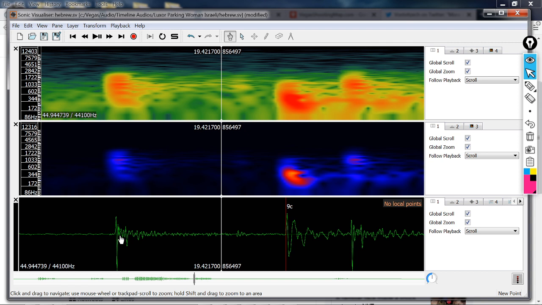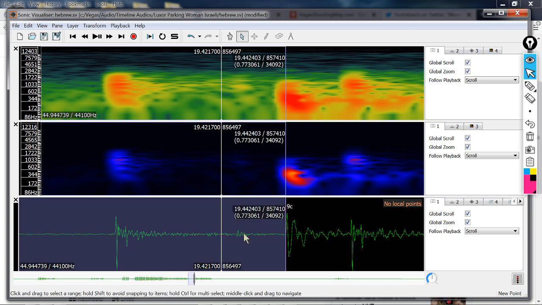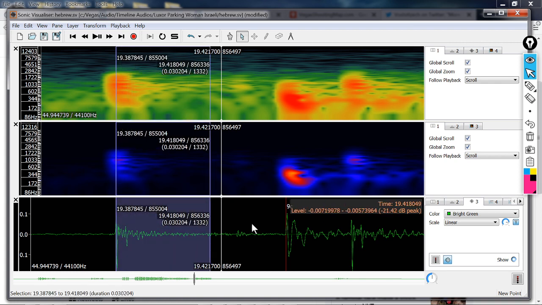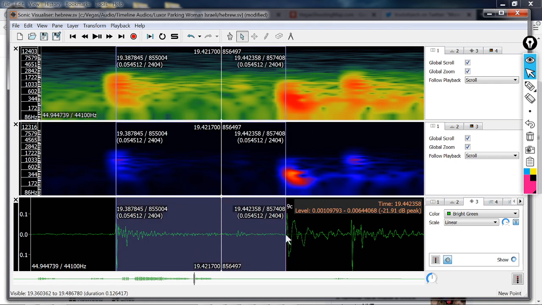Because of that, the supersonic crack has a higher frequency than the muzzle wave. In this example, we can measure the distance between those two, and it measures out to be about 54 milliseconds.